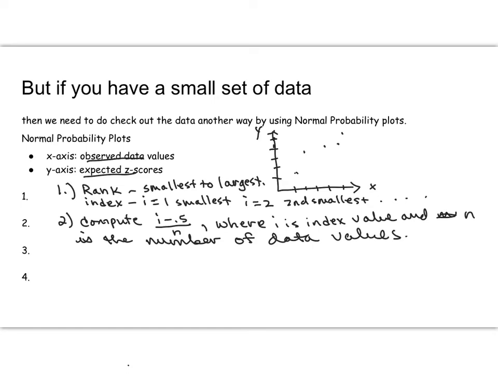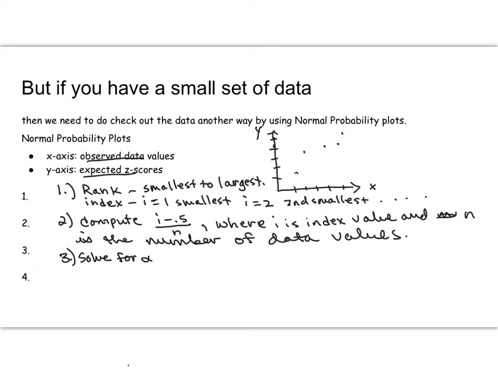Okay, and then the third step is to solve for alpha. I know there's a lot of symbols and letters here. Eventually you're going to get really familiar with alpha and n.